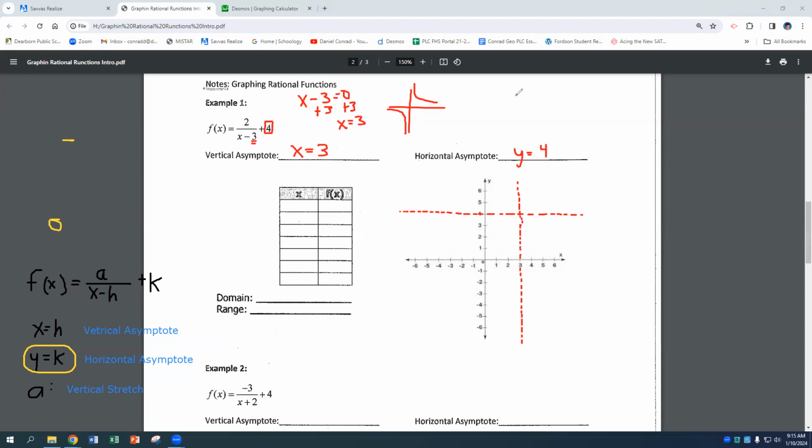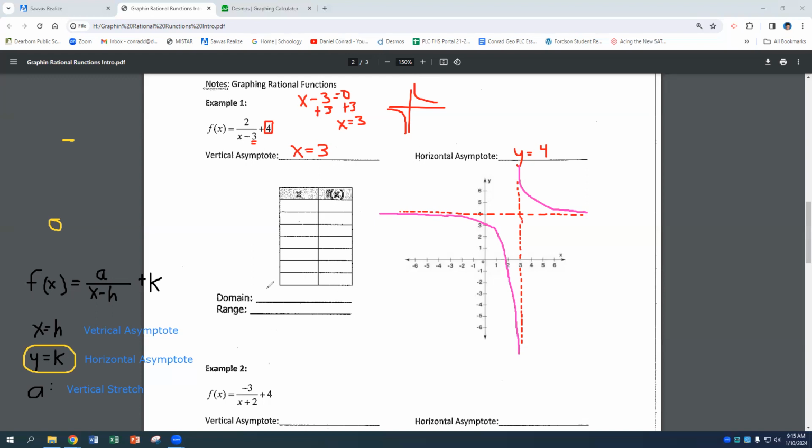Okay, and then since this is positive, I can do top right, bottom left. So I'm going to graph here and here, and then here and here. And again, it gets closer and closer, but it never touches those asymptotes.